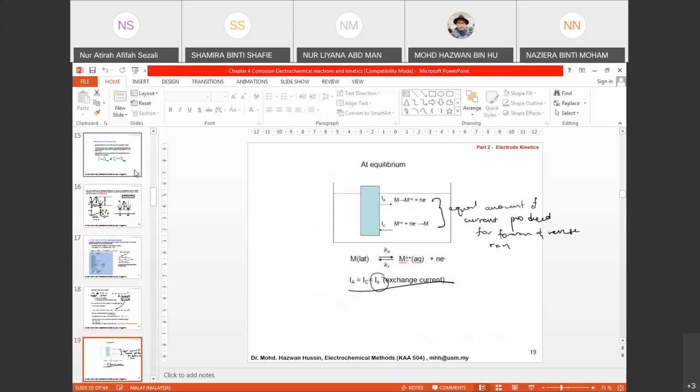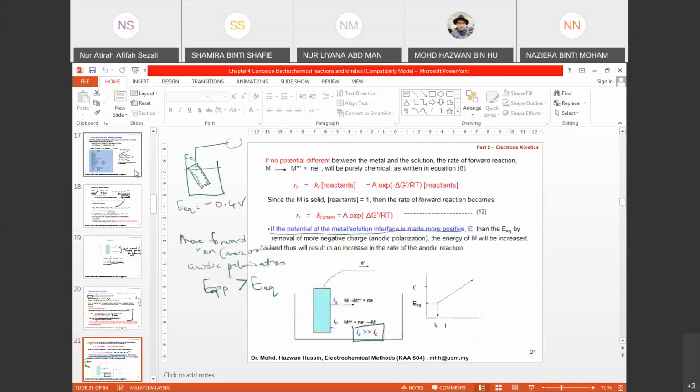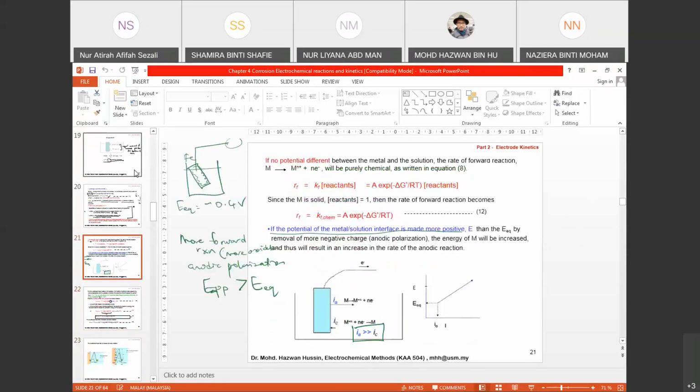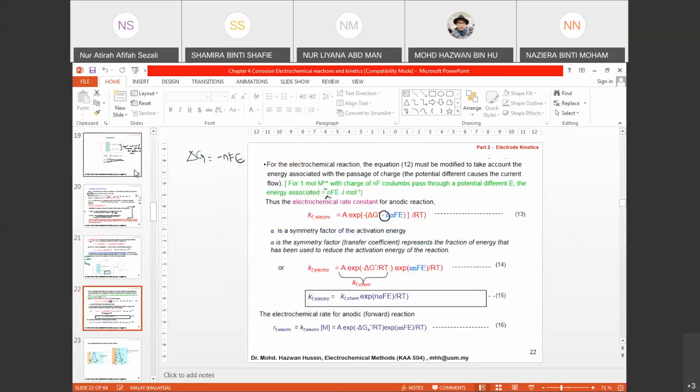You are going to produce a similar exchange current density for forward and also reverse reaction. And basically what happens is that when you increase the potential from the equilibrium potential, bigger or lower, then this phenomenon is called polarization. And the value of a positive or negative shift of potential is known as overpotential.